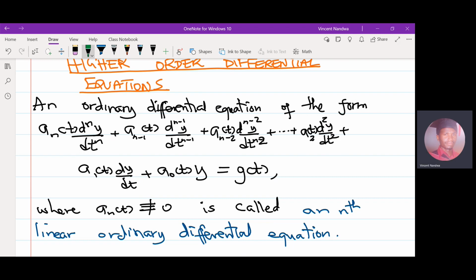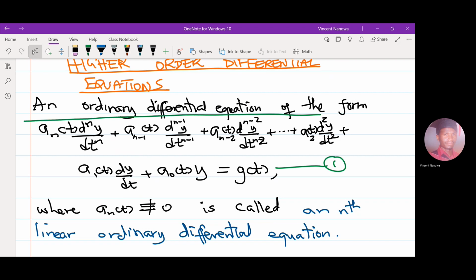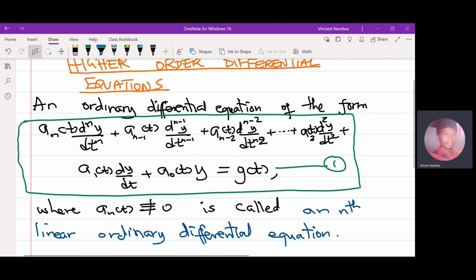So depending on the nature of g of t, this equation can either be called homogeneous or non-homogeneous. Let's call this nth order linear ordinary differential equation 1.